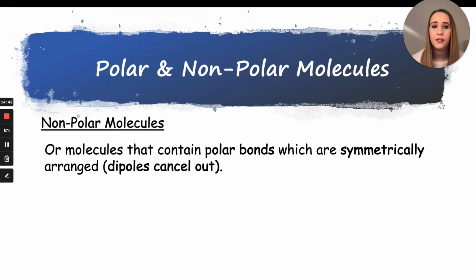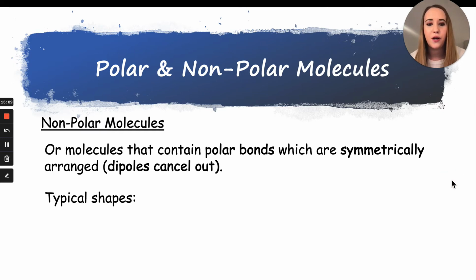So we're looking for lines of symmetry in the molecule, and that allows the dipoles, the positive and negative charges, to cancel each other out. Now this seems quite tricky, but really you're just watching out for similar shapes of molecules that allow this symmetrical cancelling out situation.